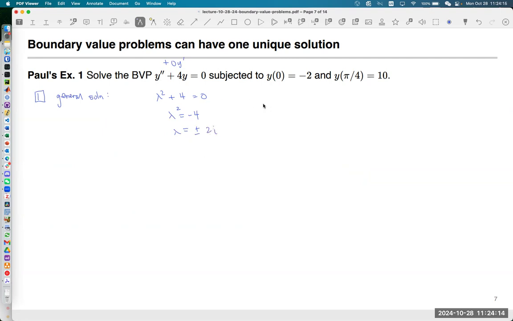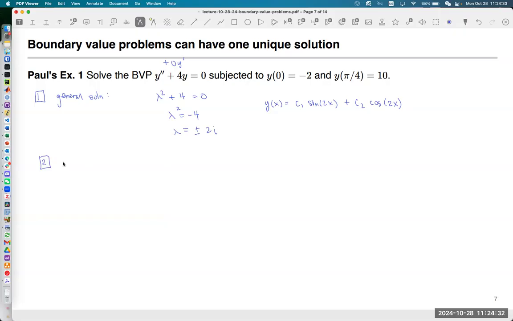Therefore, the general solution will be y of x is equal to c1 sine of 2x plus c2 cosine of 2x. This is no different than the initial value problem.